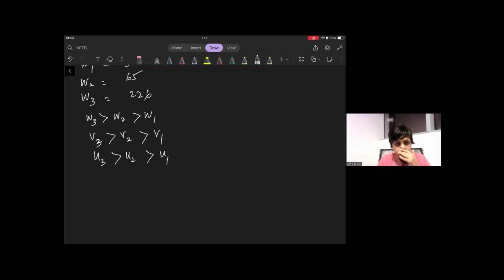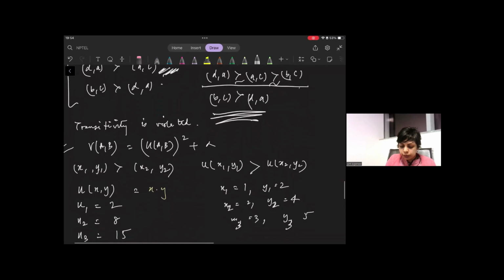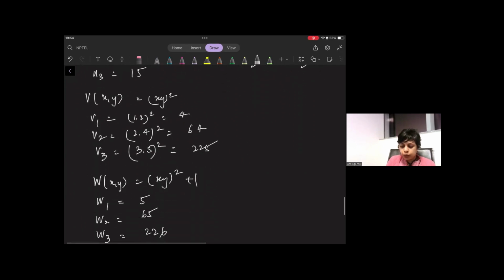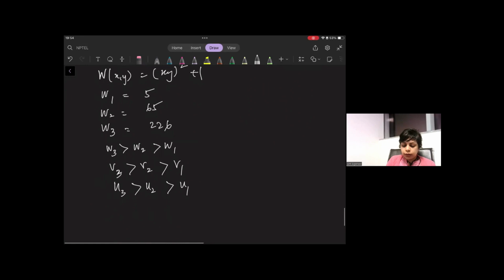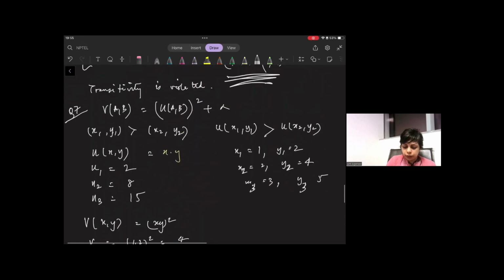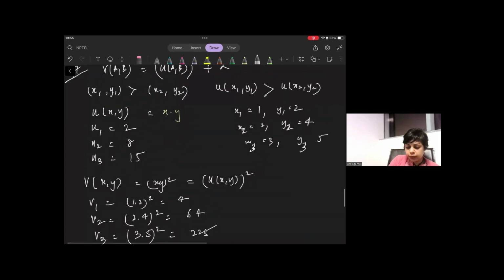So what we are trying to say is that the ordering of the consumption bundles is the same. The ordering of the utility is the same, whether the function is xy or xy whole square or xy whole square plus 1. That is exactly what the question is asking. You can just write this as u whole square, where u is xy.